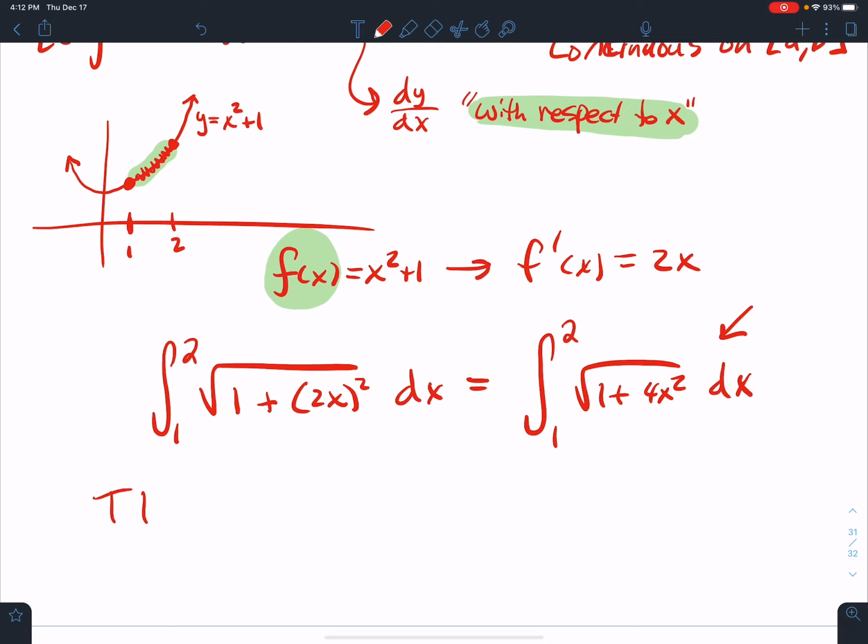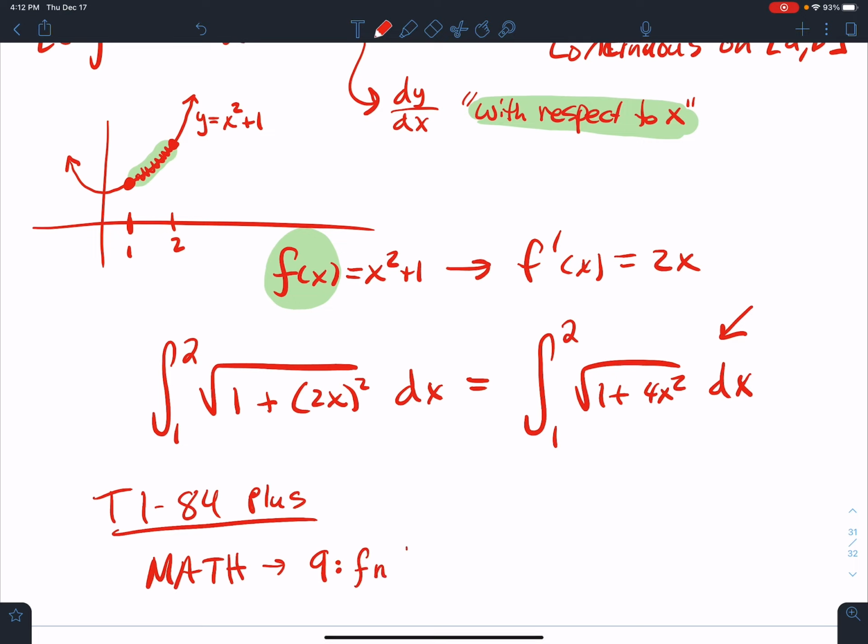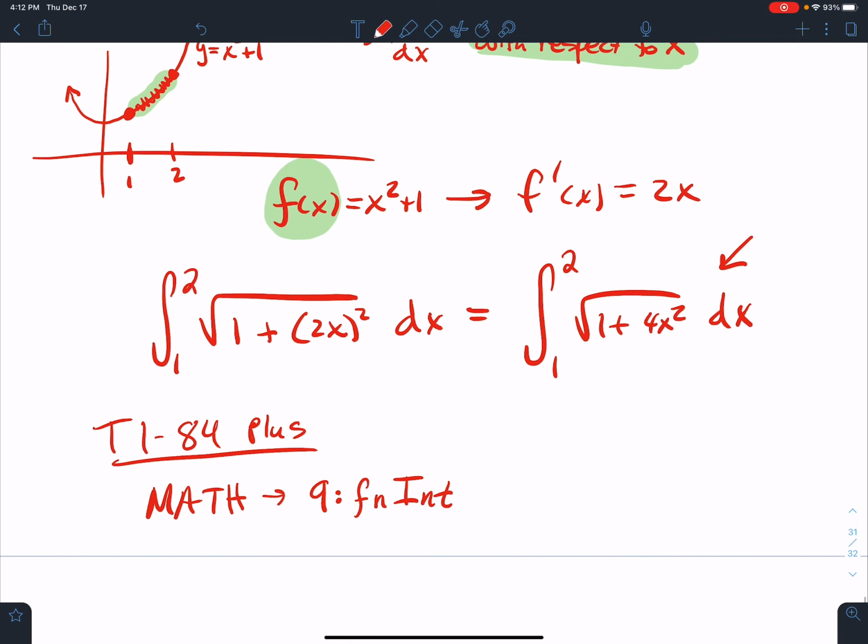There's a way to do this in your calculator. If you've got a TI 84 plus, you hit the math button, and then you hit the 9 button. The 9 button is FN int, which means integrate the function. Then it's a parentheses. The first thing you put in is the function, and then the variable you use, for this one it's x.